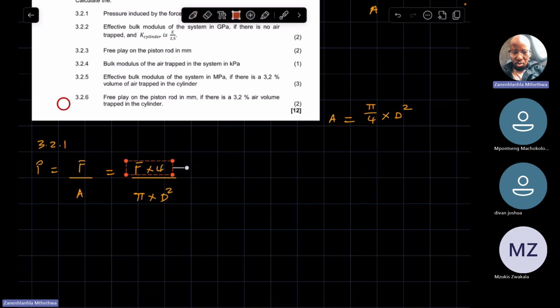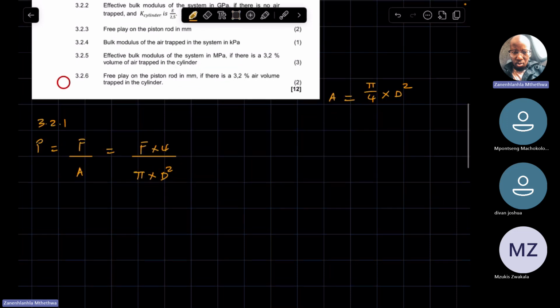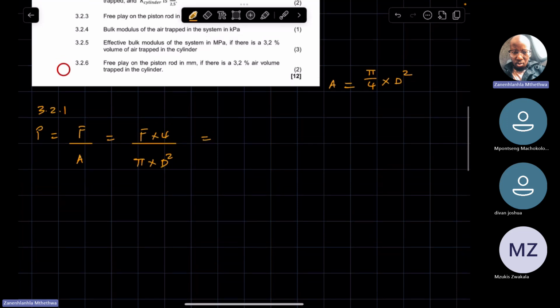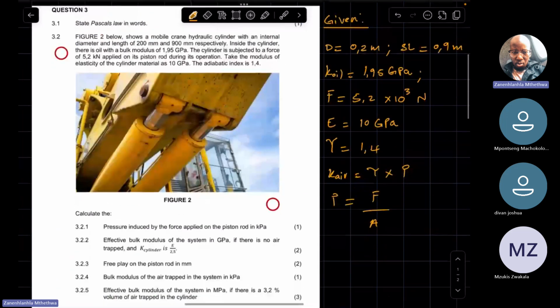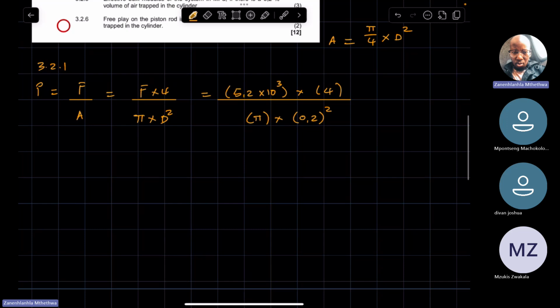However you choose to do this mathematically doesn't really matter. I just prefer doing it like this. So now you substitute. F is 5,2 times 10 to the 3 times 4 divided by pi times D, which is 0.2. So 0.2 squared.